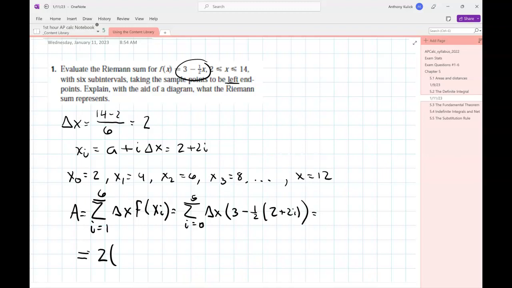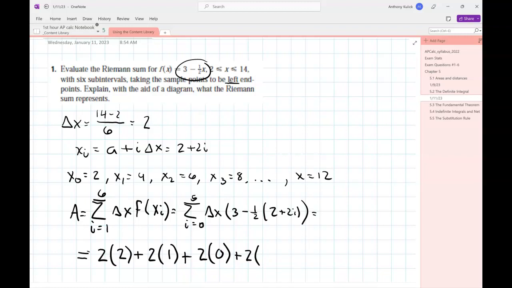But really, I'm just doing delta x times, and then I'm plugging 2 into this. So 3 minus 1/2 times 2 is just 2. And I'll have delta x times plugging 4 into this. So 3 minus 1/2 times 4 is 1. And then 3 minus 1/2 times 6 is 0.